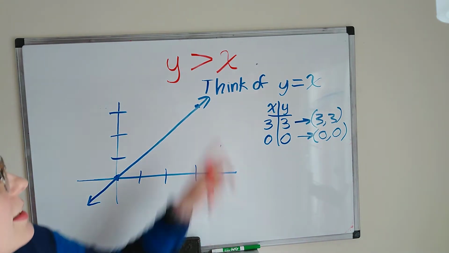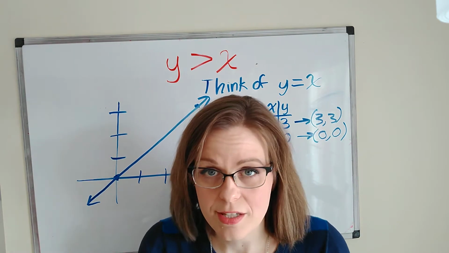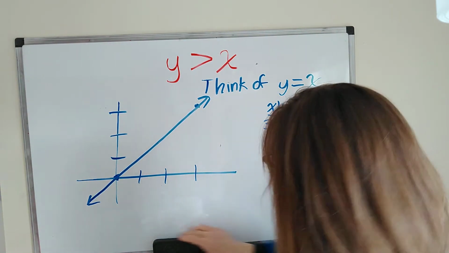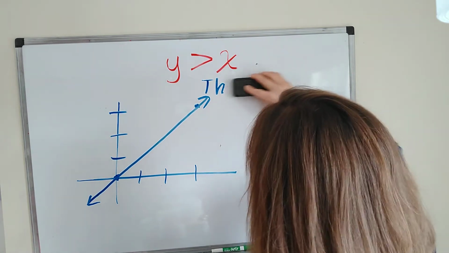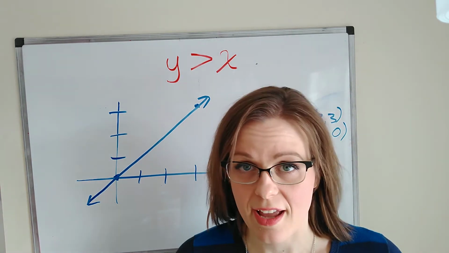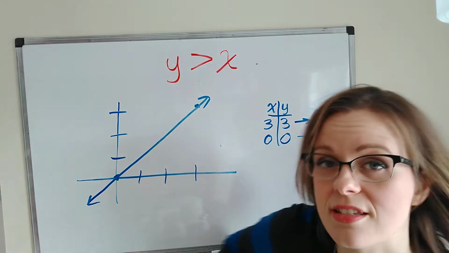All right, let's go back to the inequality, because that's our ultimate goal, to graph the solution set for the linear inequality. Okay. Well, here we have y is strictly greater than x. Now, as you recall, on Thursday we talked about these things.